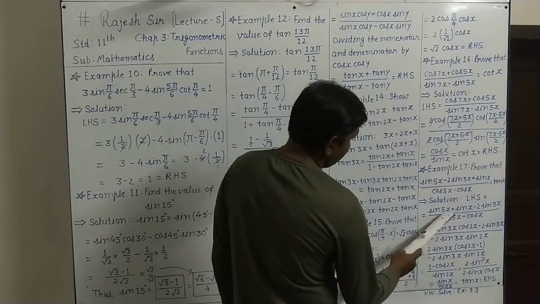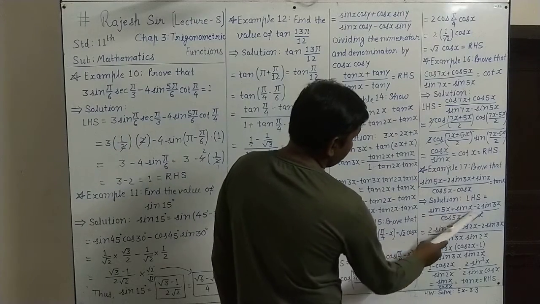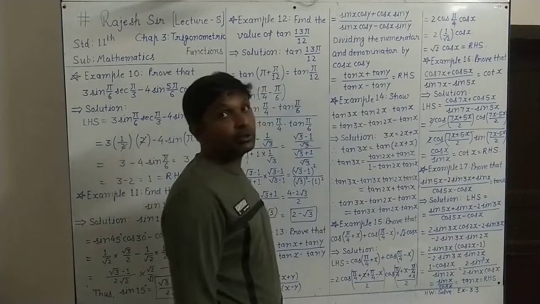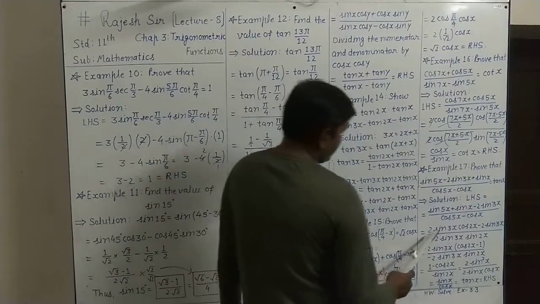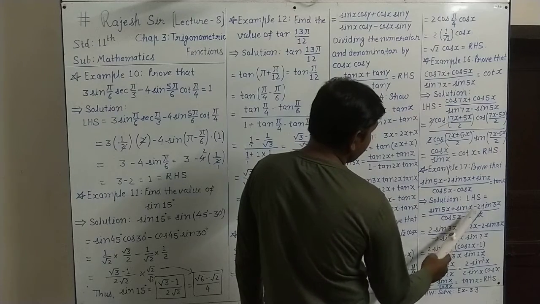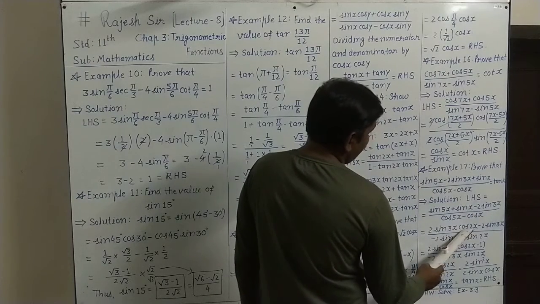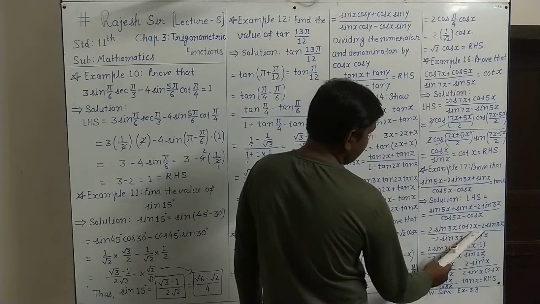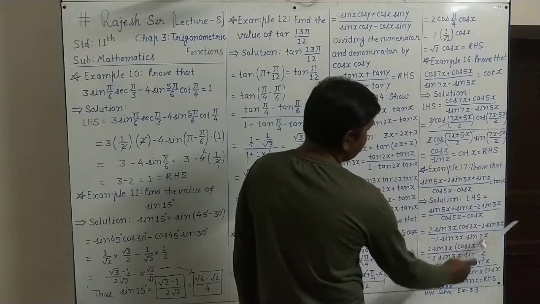Here for the first two terms, sin 5x plus sin x, s plus s, 2sc we can use. So 2 sin of the sum of two angles upon 2, 5x and x, 6x upon 2 is 3x, cos of the difference of two angles upon 2, 5x minus x, 4x upon 2 is 2x, minus 2 sin 3x as it is.